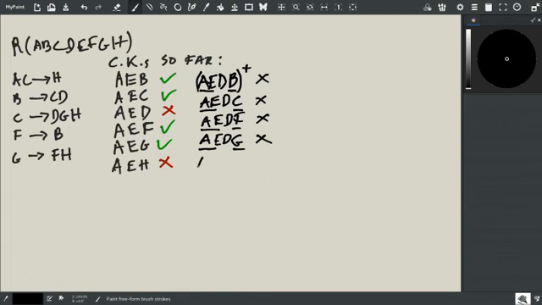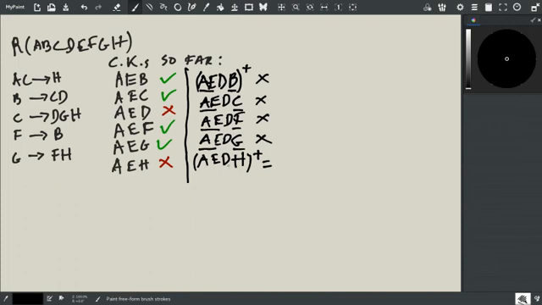Now, what about AED? Let me separate this. There's nothing to do. So AED and H. Is this a superset of any candidate key? Let's say AE and then B, D, no, and H, no. So this could be a candidate key because it's not a superset of a candidate key. So let's calculate the closure of this one.